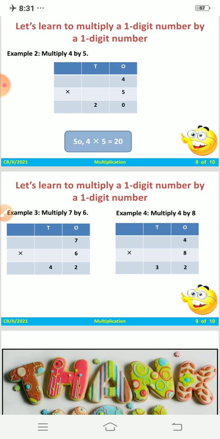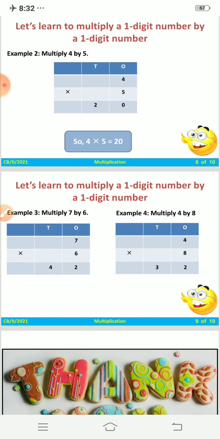Here we will draw a table, we will write tens and ones, we will write the numbers in the ones place, and then we will do the multiplication sign. Then we will recall the table of 4, that is 1 fours are 4, 2 fours are 8, 3 fours are 12, 4 fours are 16, 5 fours are 20.